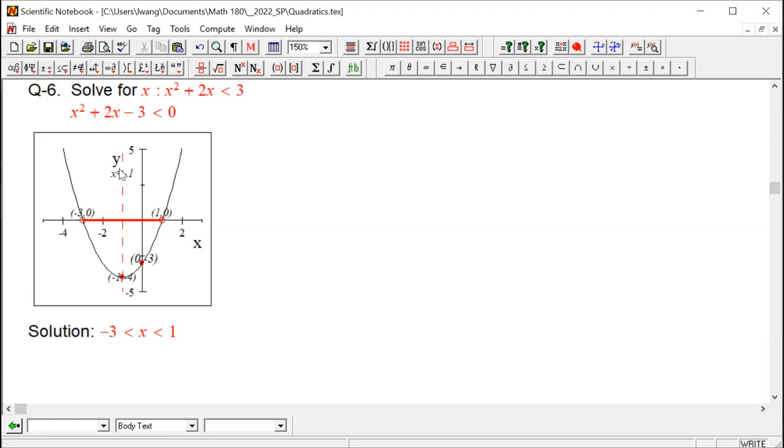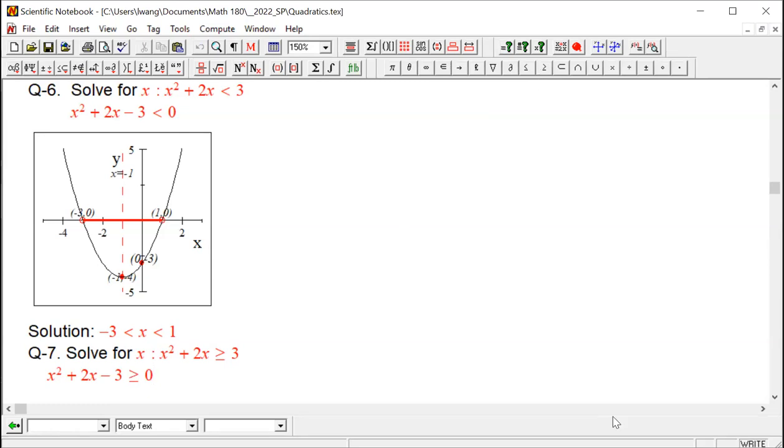Okay, and of course, if I get to question number 7, I can say, solve for x, but this time I'm going to make it greater than or equal to it. And if you tweak it, we end up solving that inequality, which is greater than or equal to 0. I think you already guessed it.